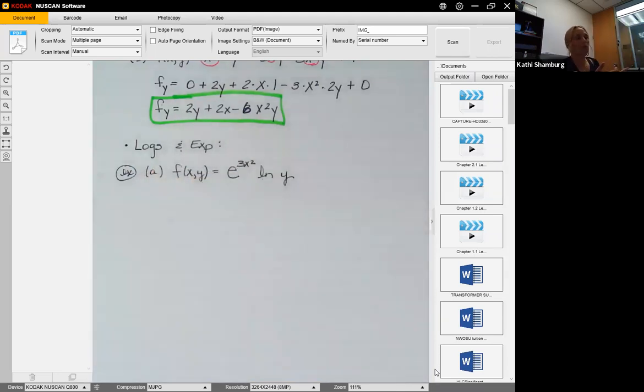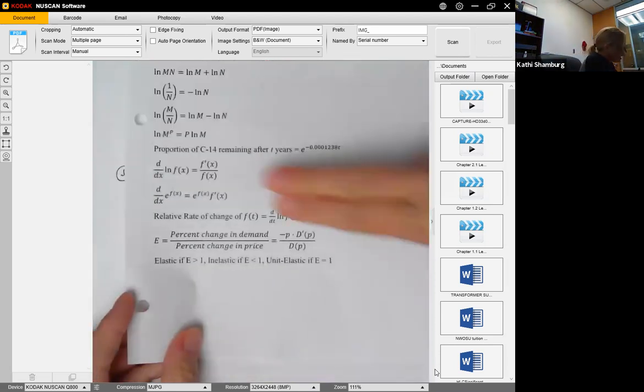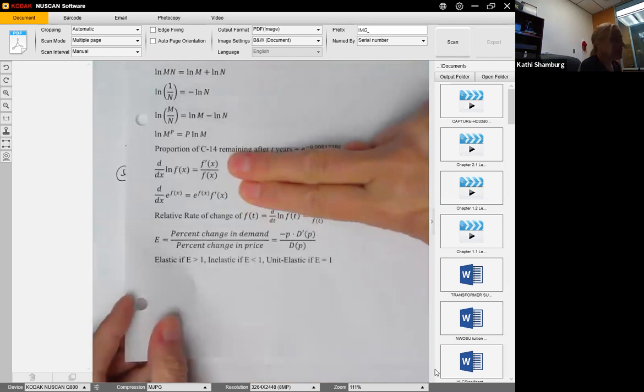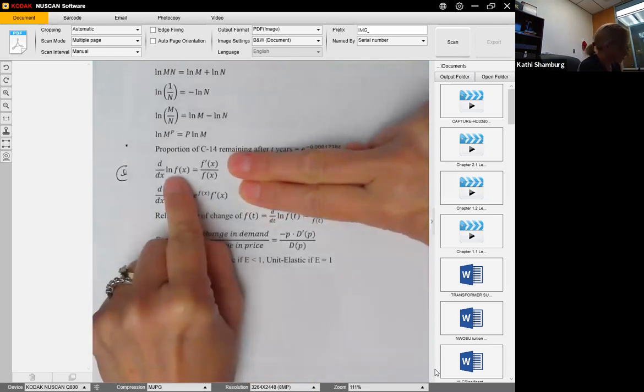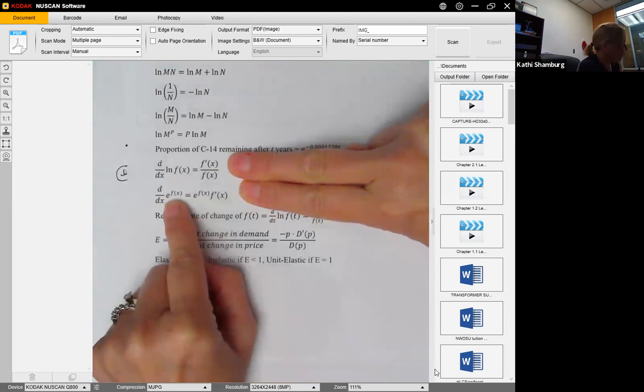Okay, so before we take the derivatives, I want to take you back to chapter 4 in the formula sheet that you got to use, because you've got to remember how to take the derivative when you have a natural log and when you have e raised to some power, because we're dealing with both of those here.